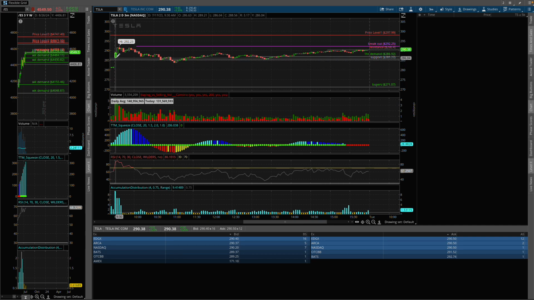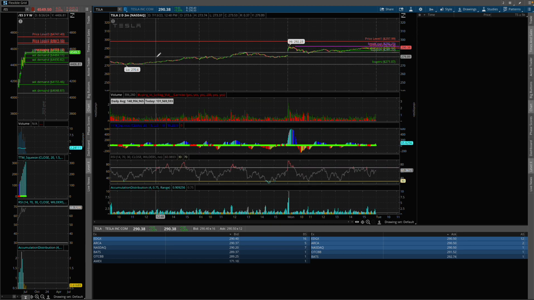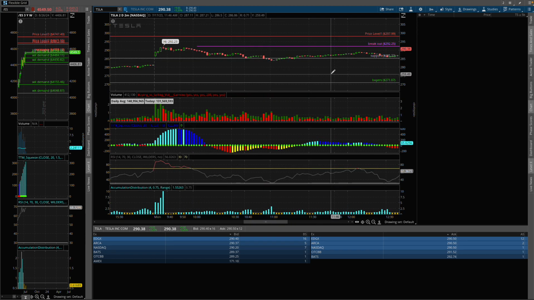So we gapped up, we opened above it, knowing that previous resistance areas tend to turn to support. We could have taken a trade off of this, and this is a 3-minute time frame. Sometimes people trade the 1 minute or 2 minute at the open.